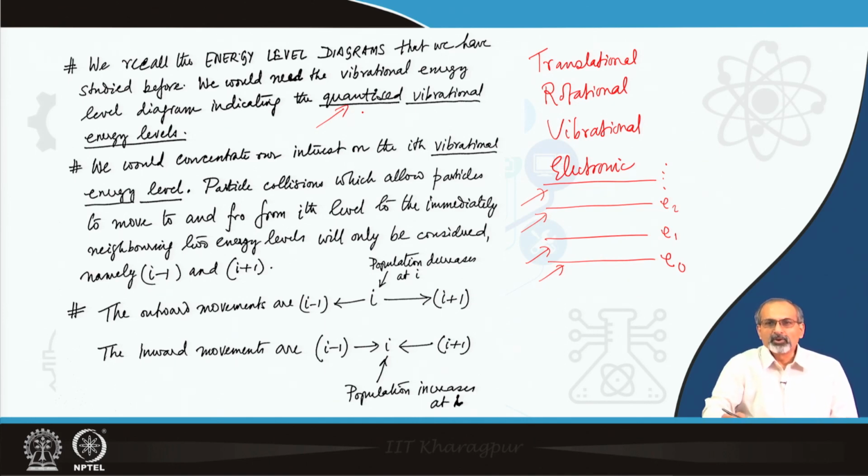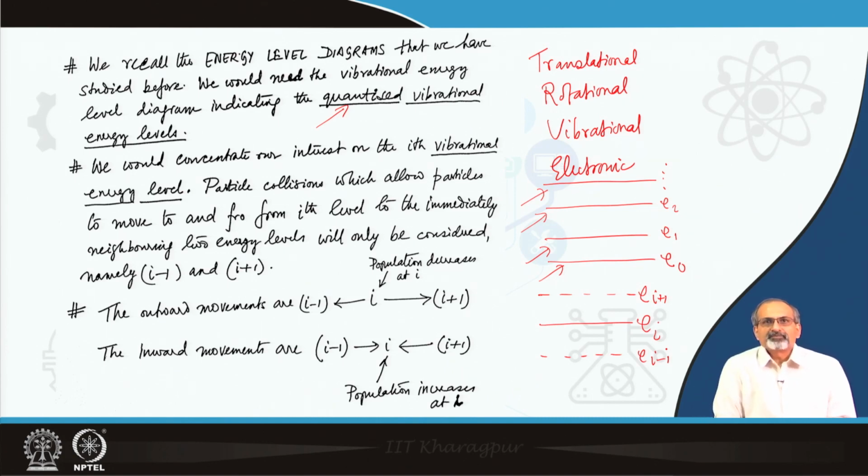We will draw our attention towards a specific level, let us say i, where the energy level is small e_i, and then we will be most interested to look at the next higher level and the next lower level when the vibrational energy exchanges take place.